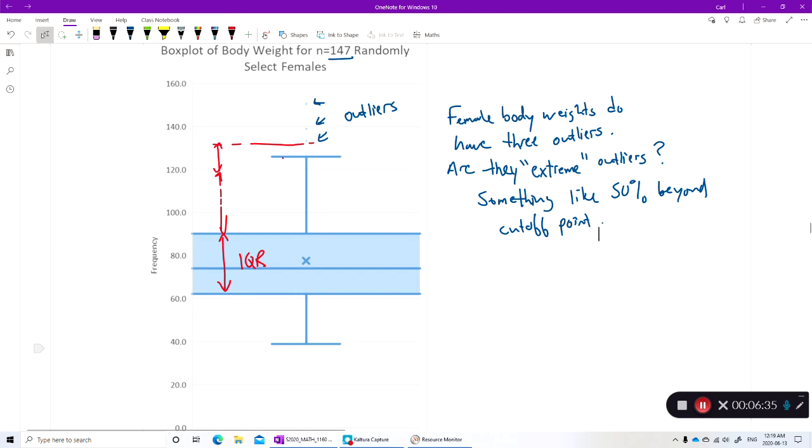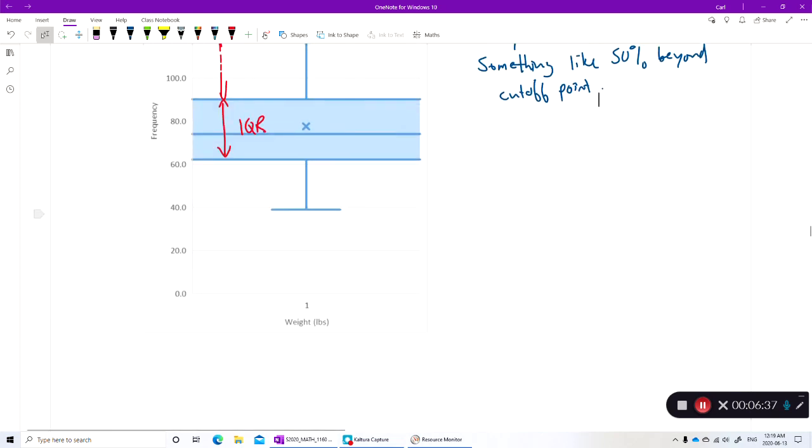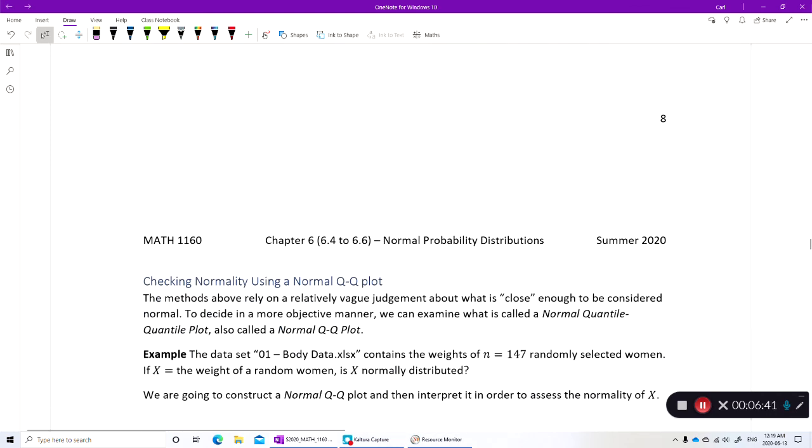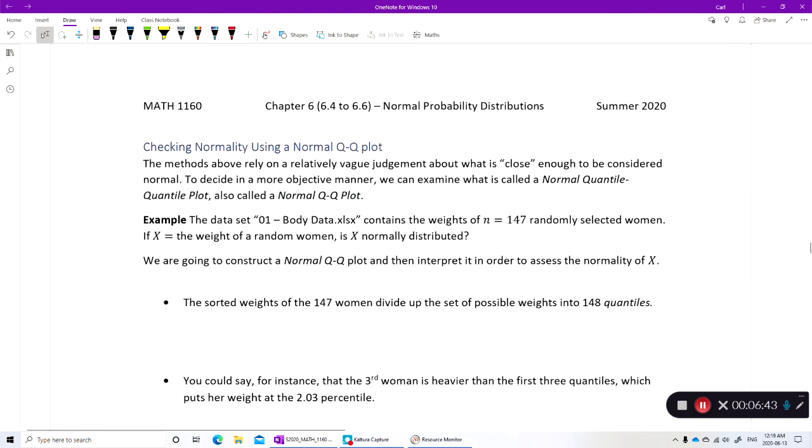Okay, so I'm going to tell you something here that you're only partially responsible for learning. I'm going to show you how to check for normality using what's called a normal QQ plot.